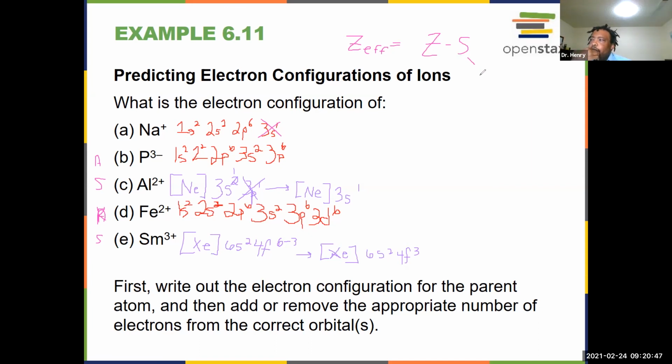And the shielding electrons are basically the total electrons minus the valence electrons.